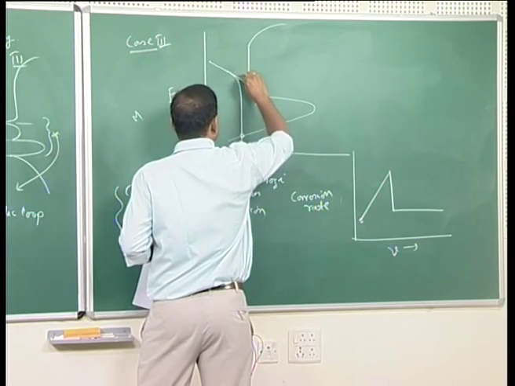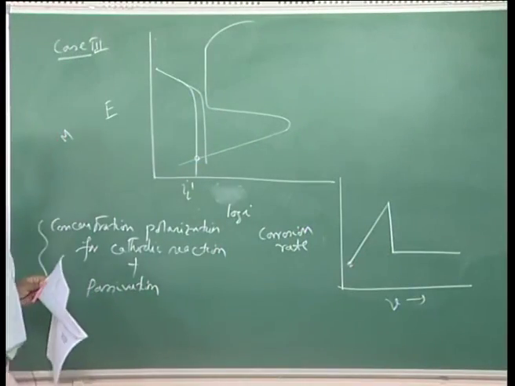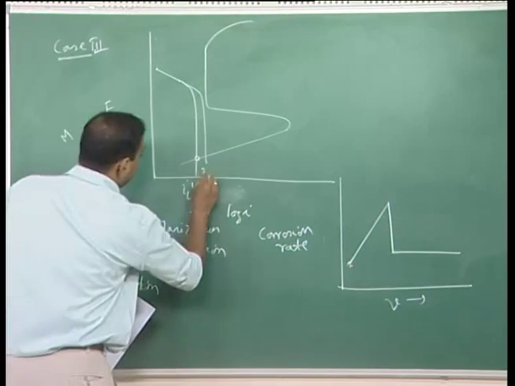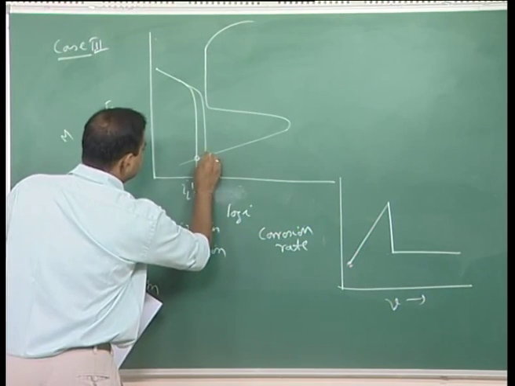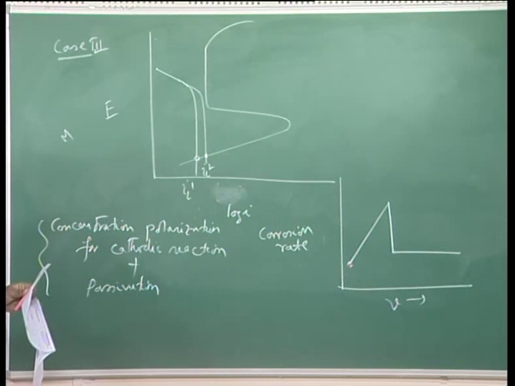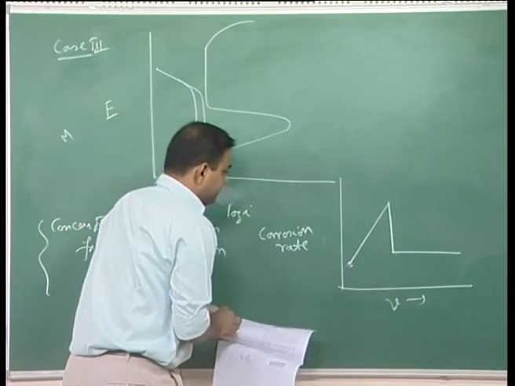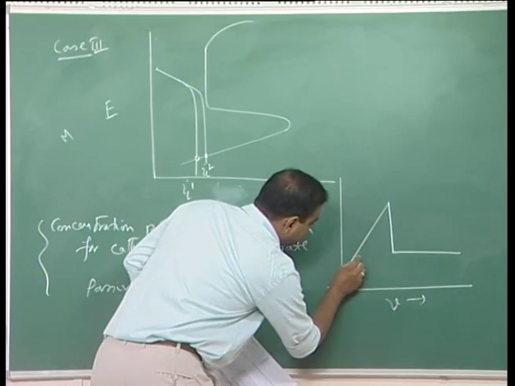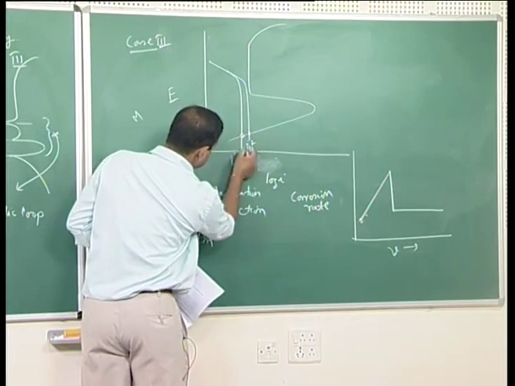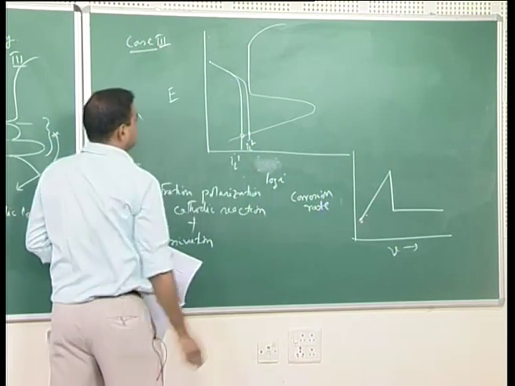So, I can reach a higher level. So, in that case this is IL2, this is my corrosion rate, because at that point I have I corr equal to IA equal to minus IC. So, this would further increase the corrosion rate, because I see that there is an increase in current density from here to there.